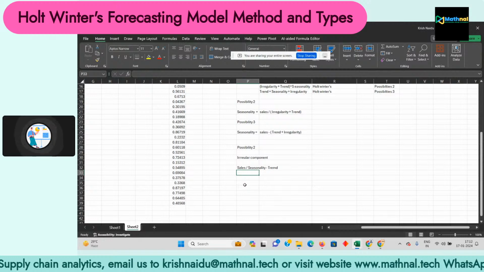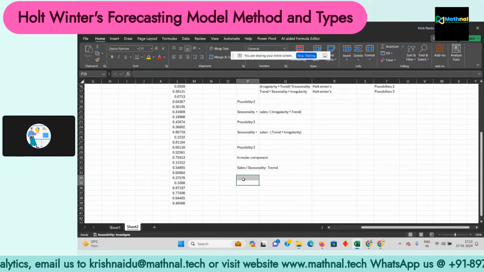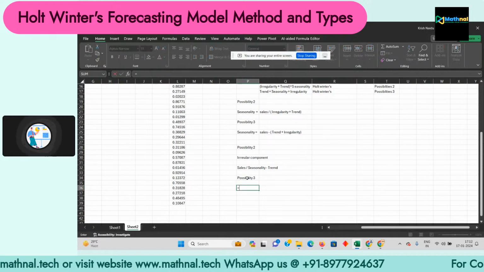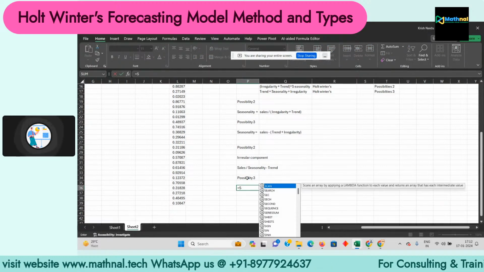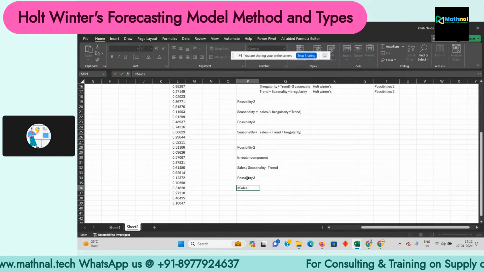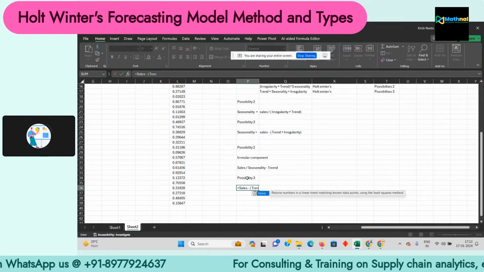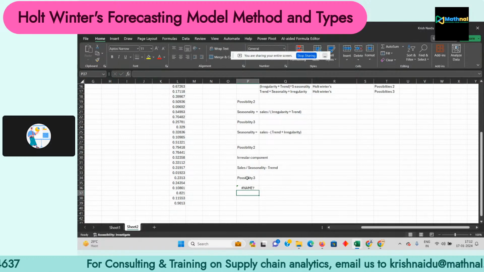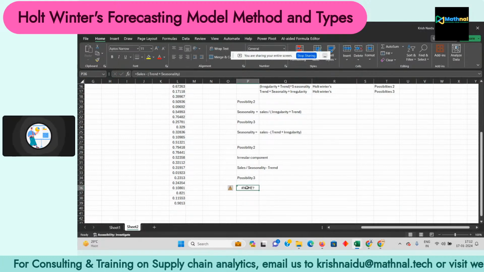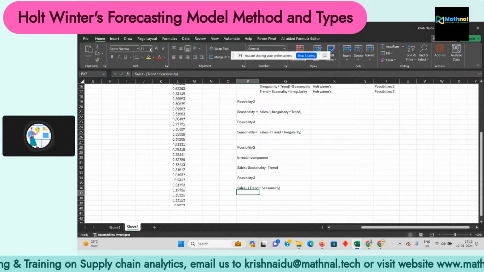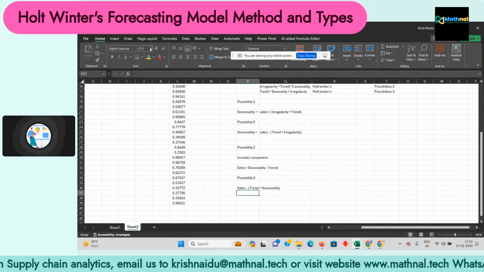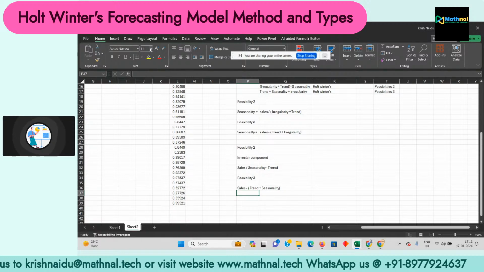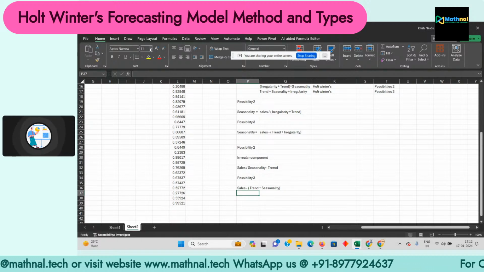And in possibility number three, we can go with sales minus trend plus seasonality. So if we have a clear understanding about our combinations of the time series components, then we can make a good assessment of our components and create good equations for those components.